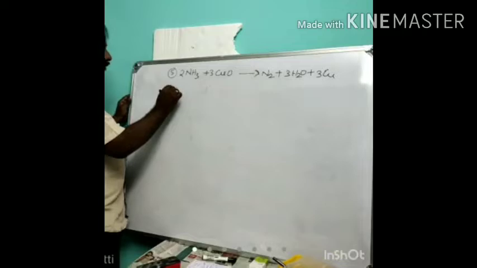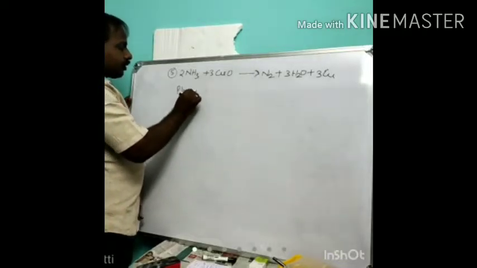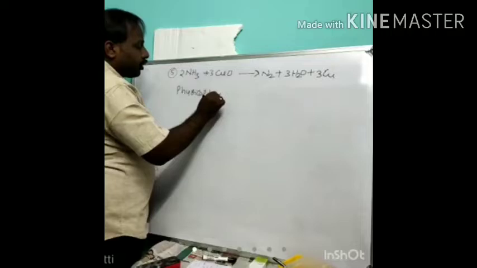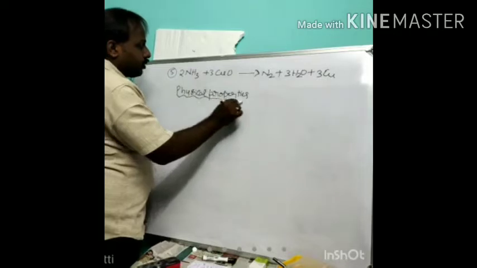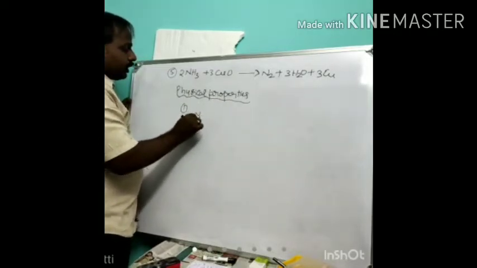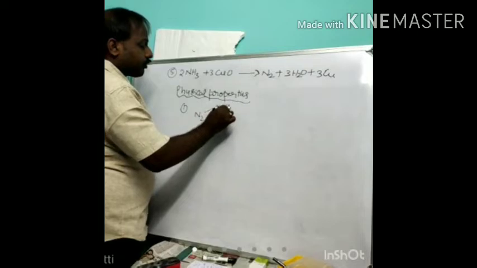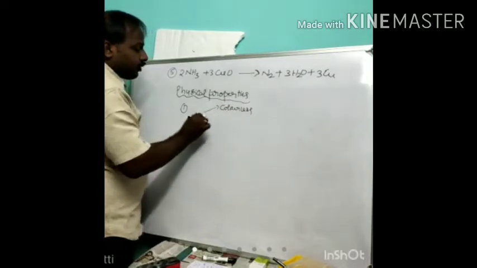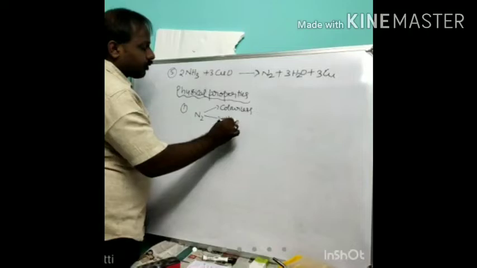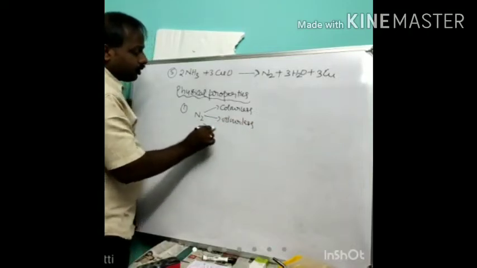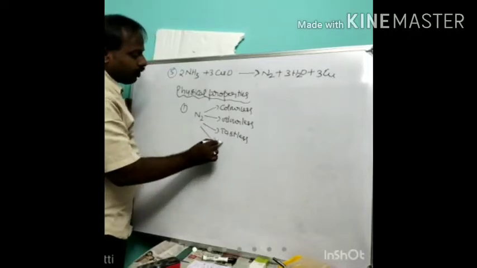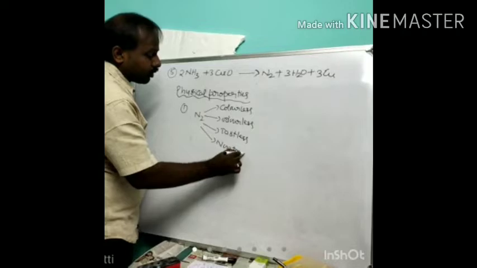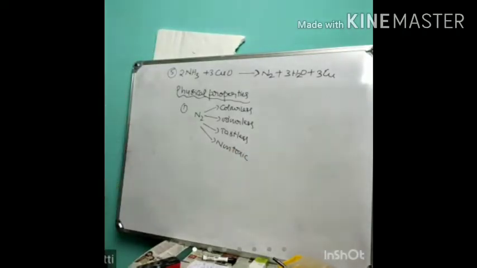Next, physical properties. The first physical property: nitrogen is colorless, odorless, tasteless, and non-toxic.